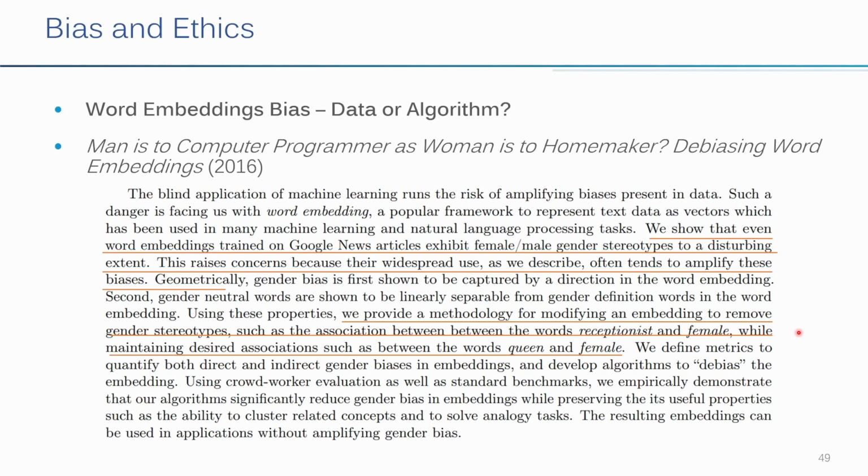We provide a methodology for modifying an embedding to remove gender stereotypes, such as the association between the words receptionist and female, while maintaining desired associations, such as between the words queen and female. And this is just to show that, and we'll see what those actual stereotypes are.